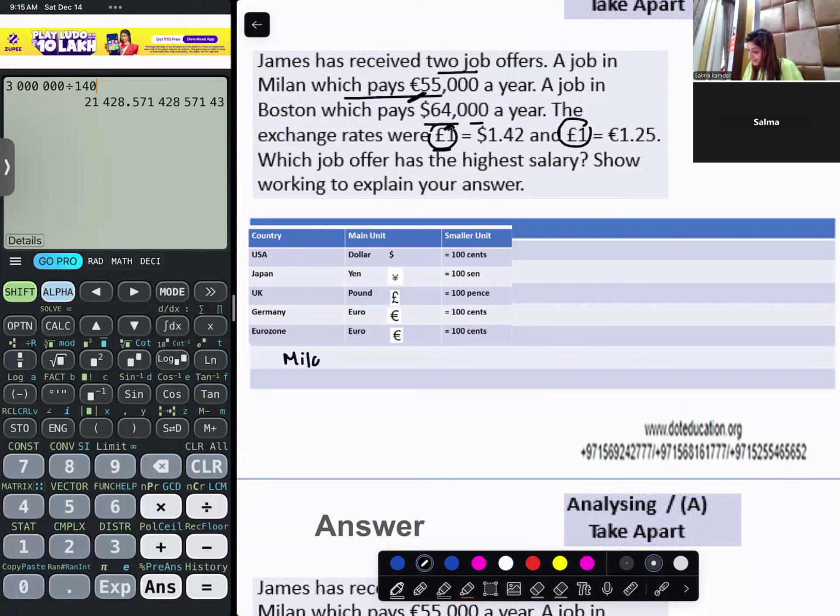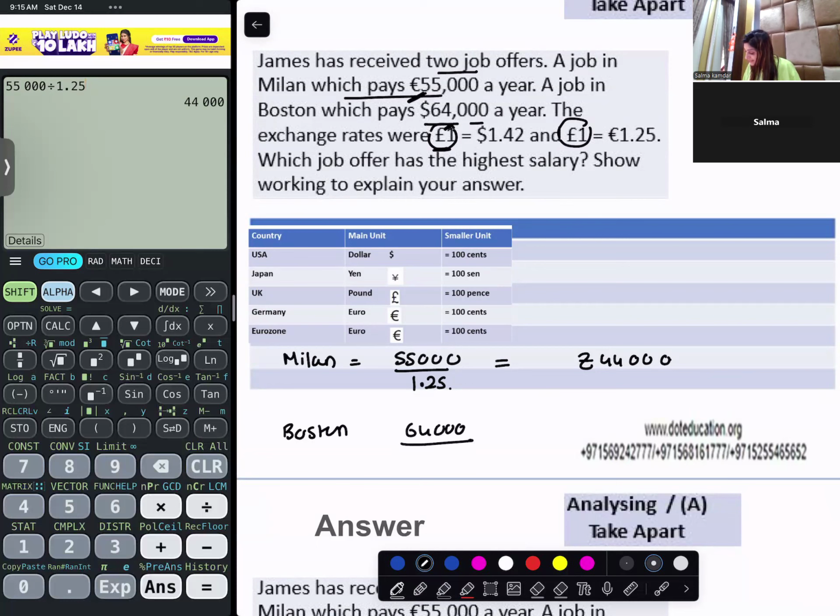So for the job in Milan, it is 55,000 euros. I'm converting it into pounds. 1 pound is 1.25 euros. So 55,000 divided by 1.25. The Milan job would give him 44,000 pounds. And the Boston job would give him $64,000.